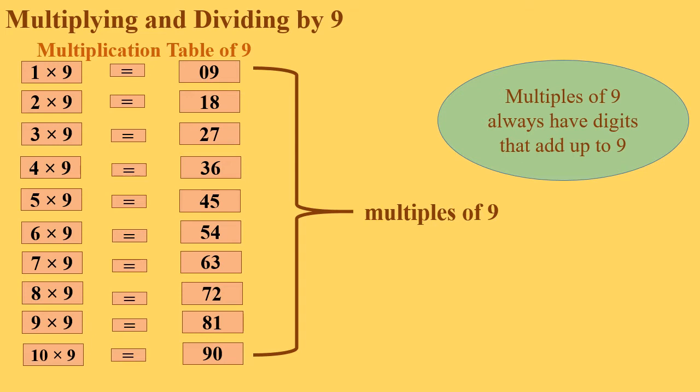Next one, 45, 4 plus 5, the answer is 9. So when you add these digits together, you get the answer 9. So multiples of 9 always have digits that add up to 9.